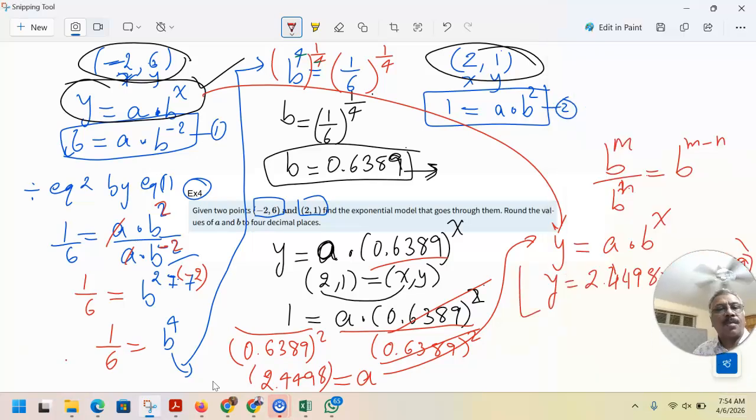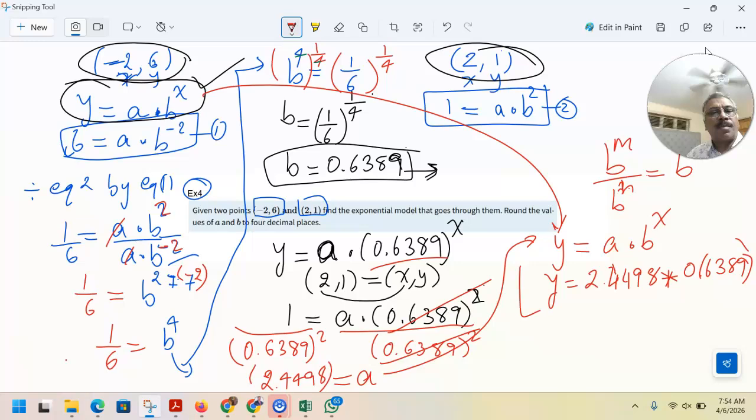This is your final equation. You can put this in the calculator.